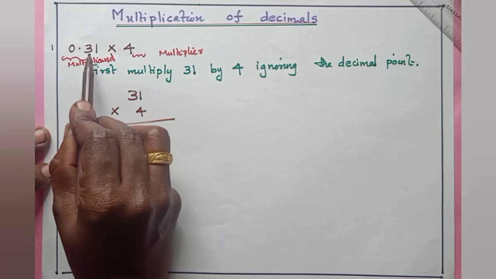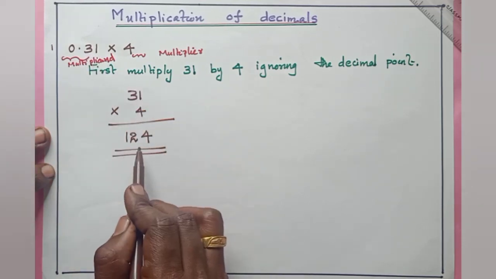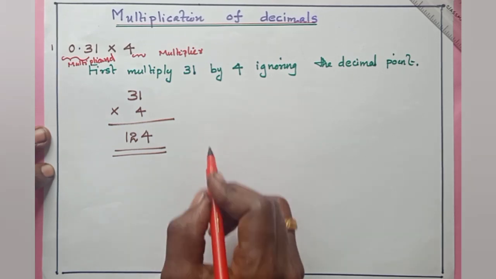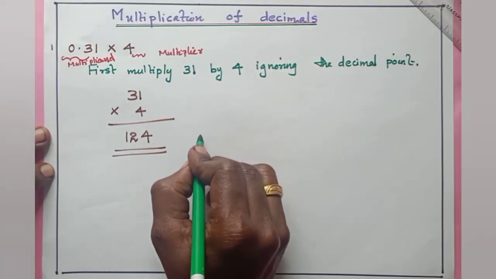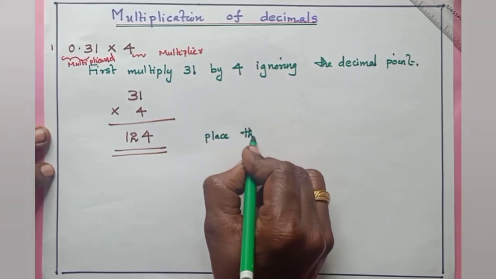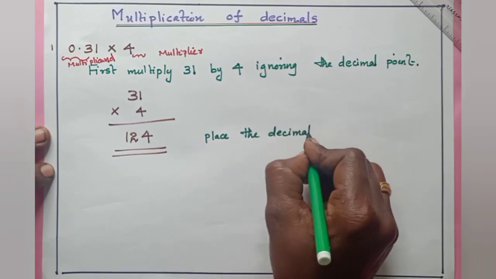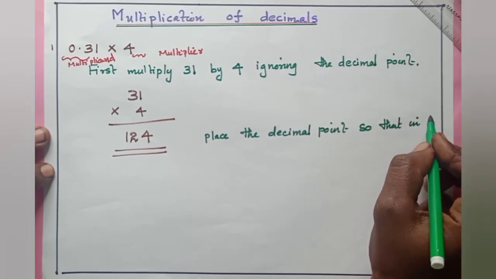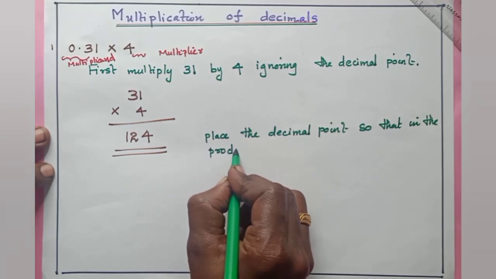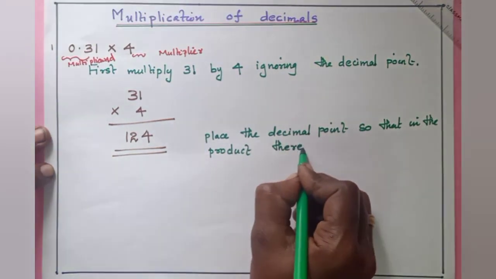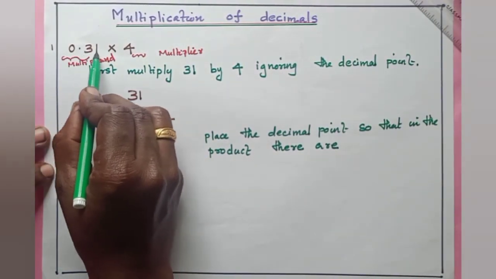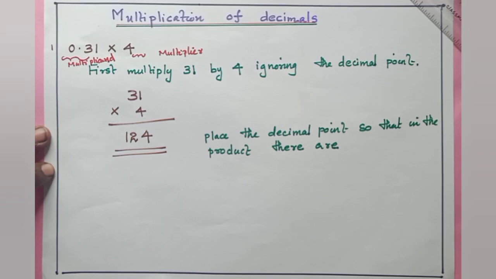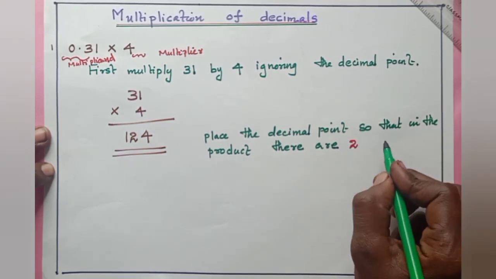This multiplicand has 2 decimal places, so the product has 2 decimal places.